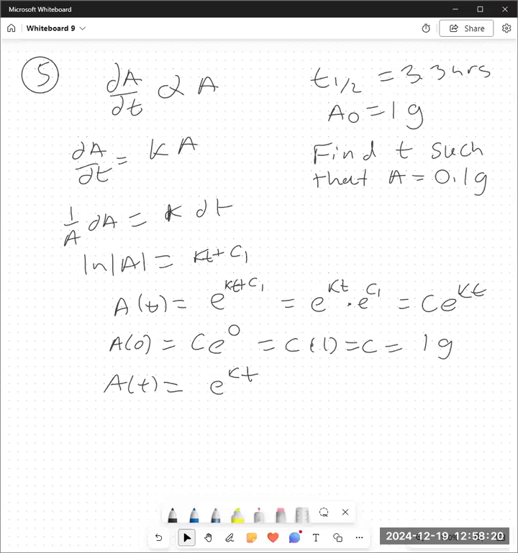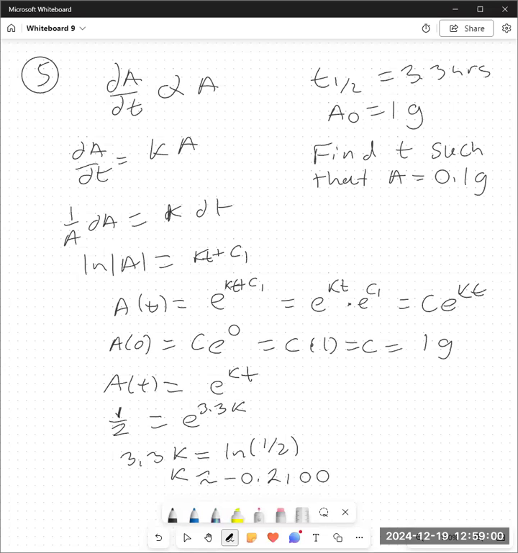And our half-life is 3.3 hours. So we have 1/2 of a gram at 3.3, so e to the 3.3k equals 1/2. I'll tell you what I got when I figured that out on my calculator. 3.3k is equal to ln of 1/2, and k is approximately negative 0.21004460002.